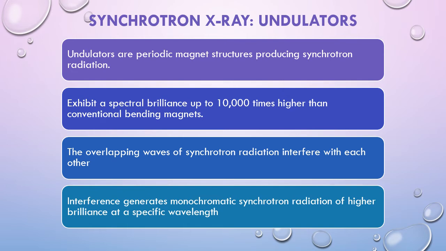If previously I showed the bending magnet, they use the undulator to amplify the production of the synchrotron radiation by 10,000 times. The overlapping waves of synchrotron radiation interfere with each other. By this interference, monochromatic synchrotron radiation of higher brilliance at a specific wavelength can be created.